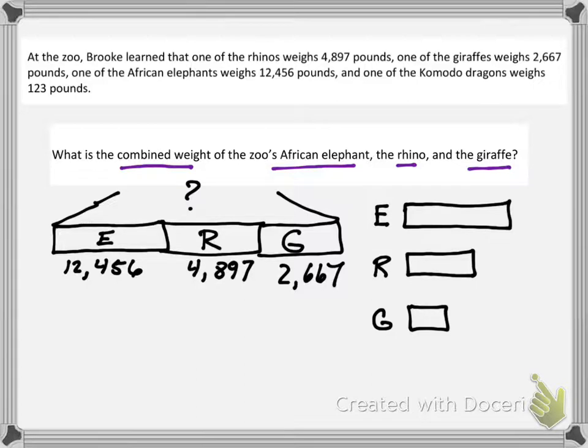And each one of these, 12,456, 4,897, 2,667, all of this is going to give us a combined weight, and we need to solve for that. So these are 2 different ways of making tape diagrams.